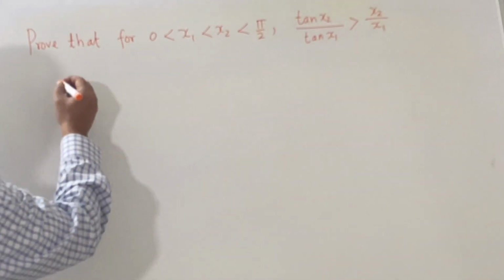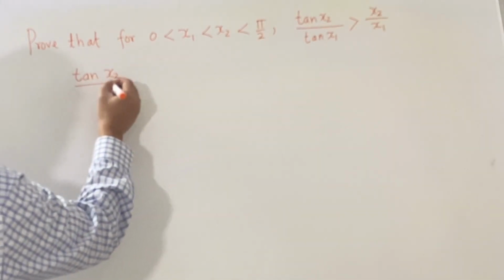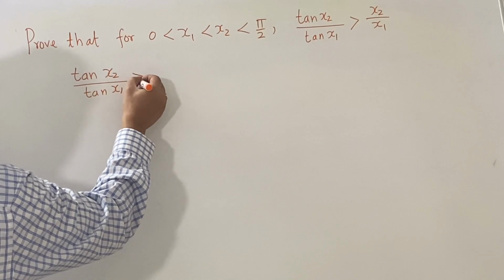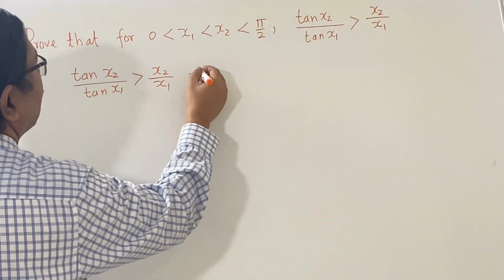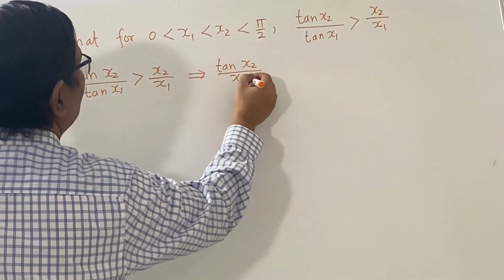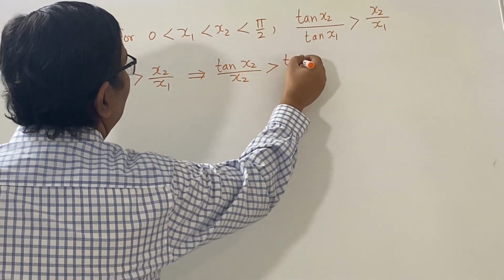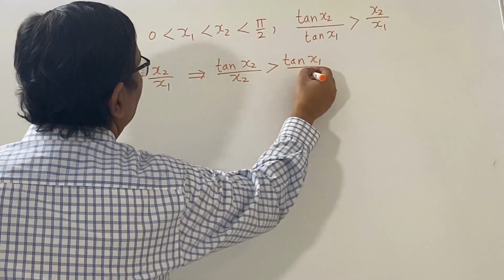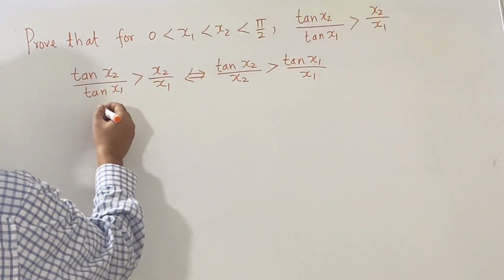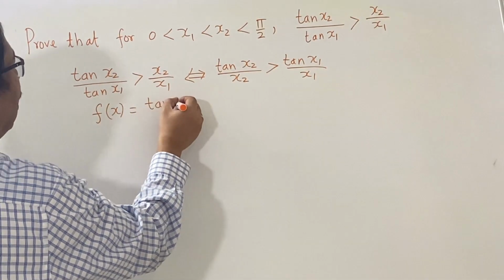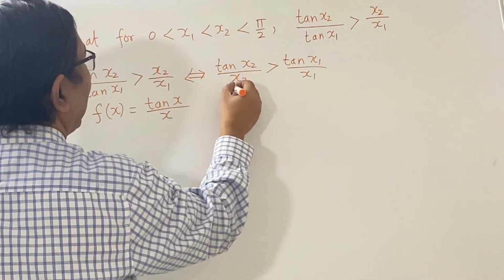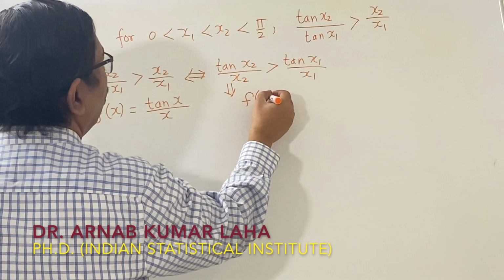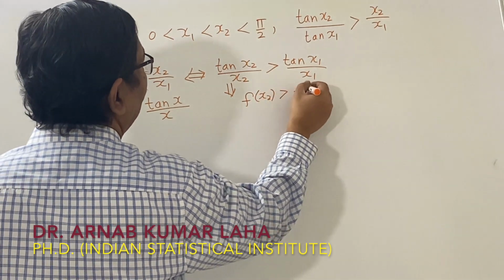Now, first we note that tan x2 by tan x1 greater than x2 by x1 is the same as tan x2 divided by x2 being greater than tan x1 by x1. So if we look at the function f(x) as tan x by x, then we can write this as f(x2) is greater than f(x1).